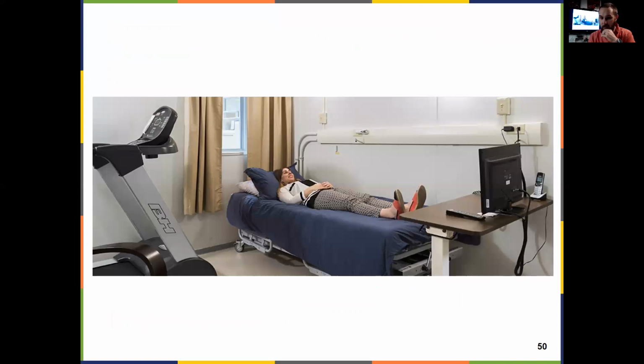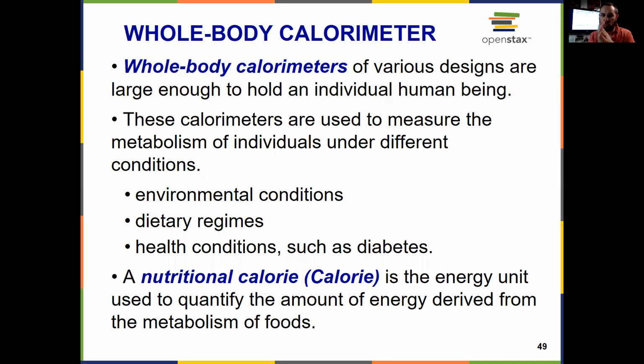Right, this is a calorimeter that's actually designed to fit a human body. And this is where we can get information related to nutritional values, right? Because if we have that closed system where a human being can live in there, like a tiny cramped hotel room, right? Because it does have to be closed off from the atmosphere, we can get information about respiration relating to different people, different environmental conditions, different diets, okay, the effect of health conditions.